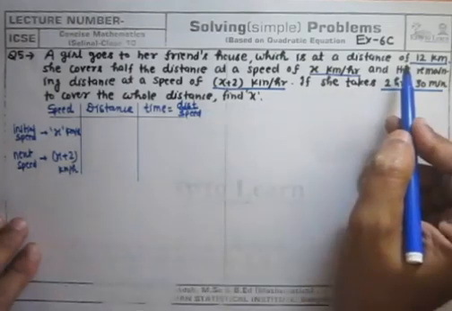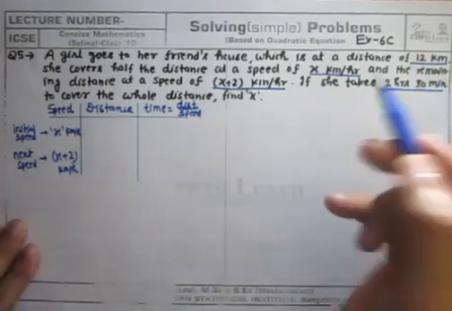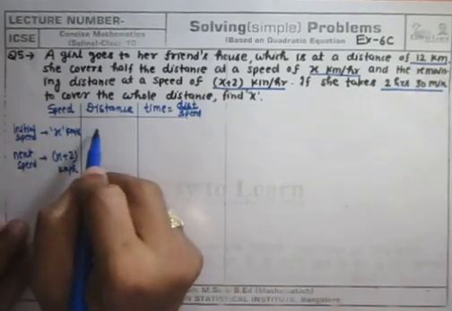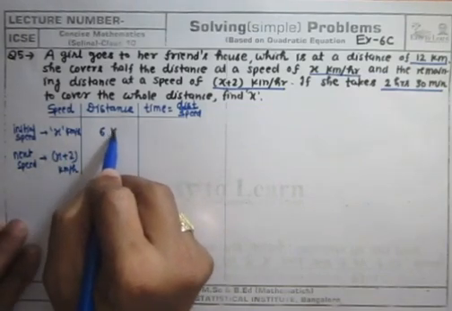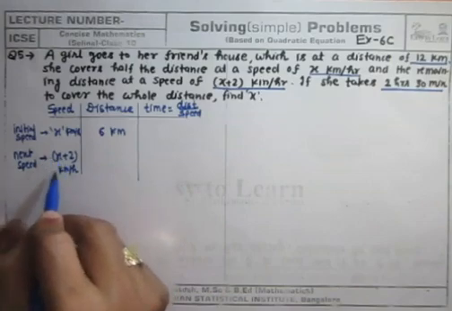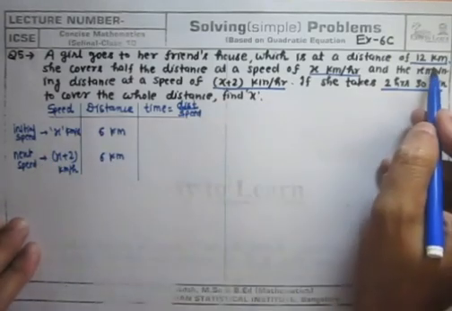Now the total distance is 12 kilometer. So half the distance is covered by this speed. So the distance covered with this speed is 6 kilometer, and the distance covered with this increased speed is 6 kilometer. Total distance is 12 kilometer.